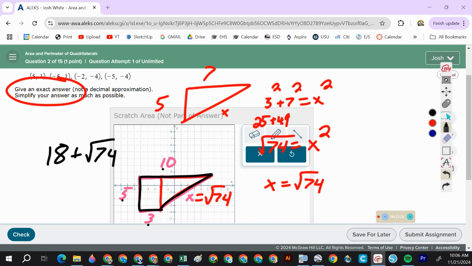And it doesn't want the decimal answer, so we're just going to leave it like that. 18 plus the square root of 74. You do have to check, does 74 simplify? Well, that would be 2 and 37, and 37 is prime, so that one does not simplify.